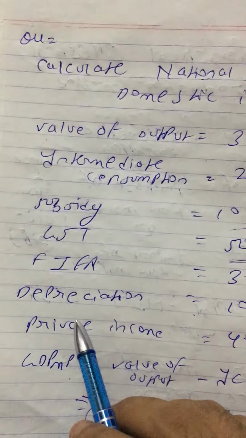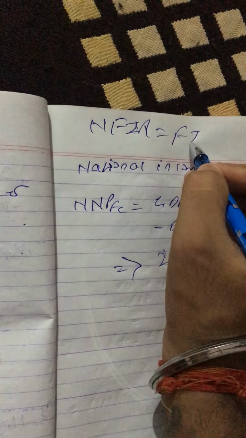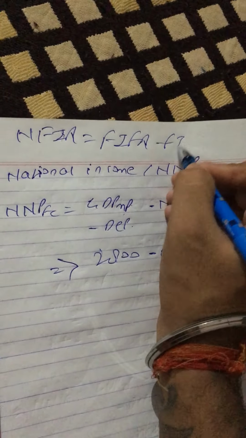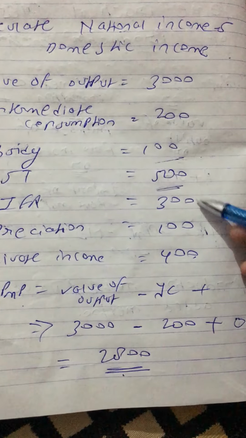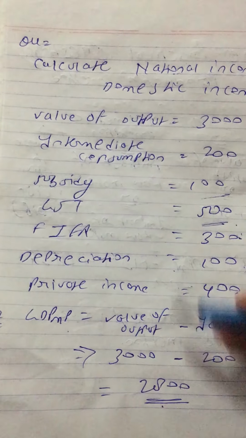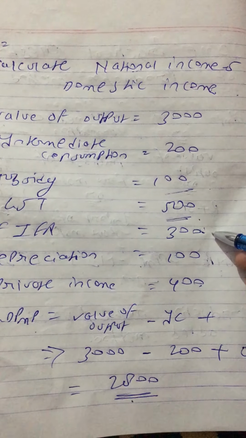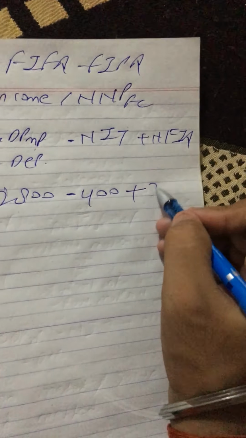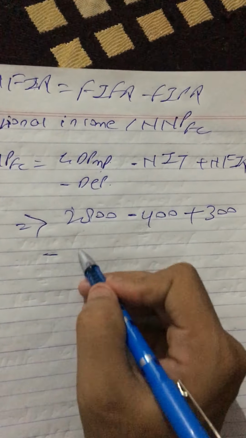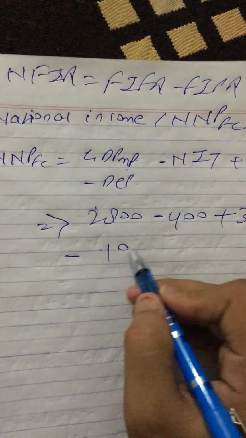NFIA is equal to FIFA minus FIPA. So beta, FIFA is 300 and FIPA is not given in the question, so FIPA will be 0. So 300 minus 0 is equal to 300, plus 300, and less depreciation. Depreciation is equal to 100.